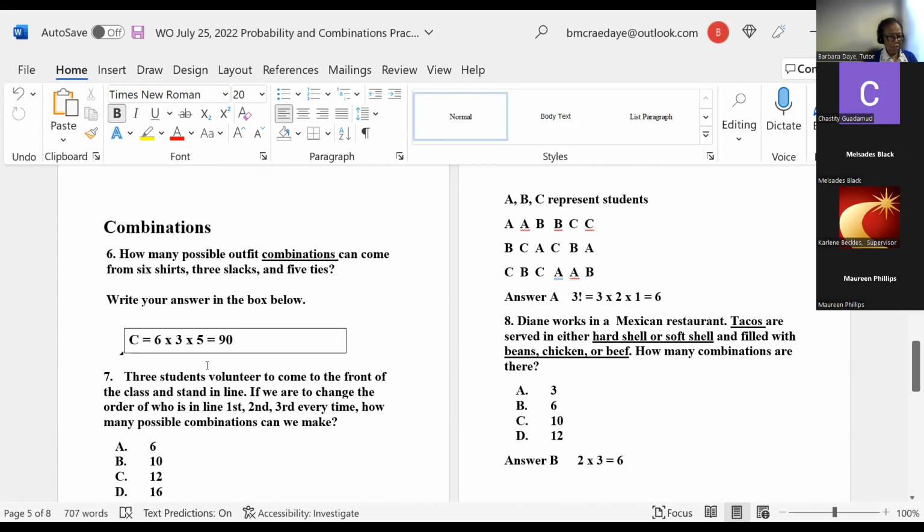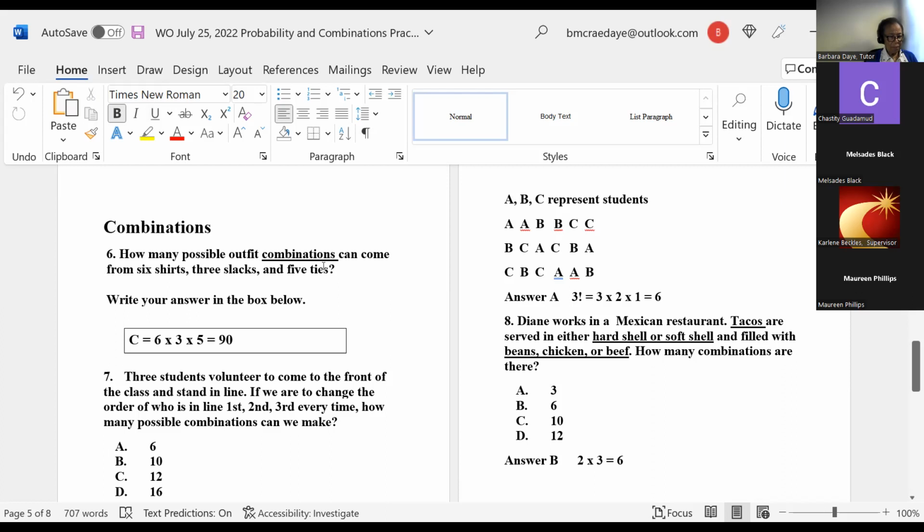No, this is not factorial. This is just multiplying each number that represents the items. This is not the combination formula here. This is just taking the number of shirts times the number of slacks times the number of ties, the total.